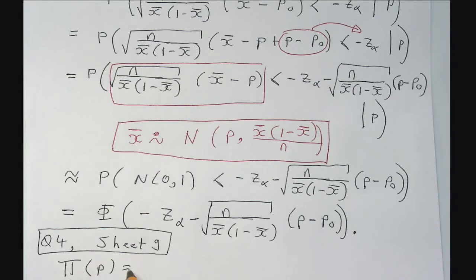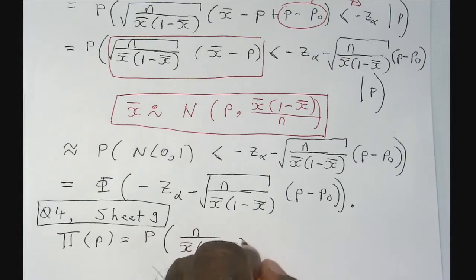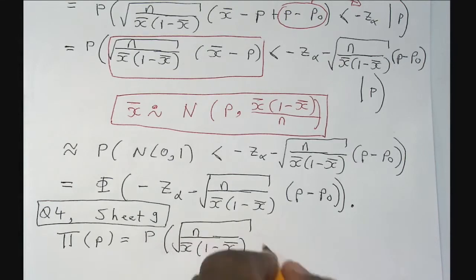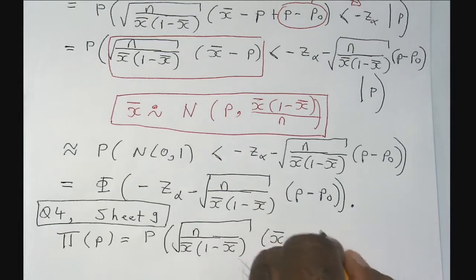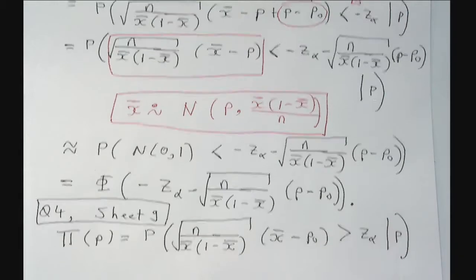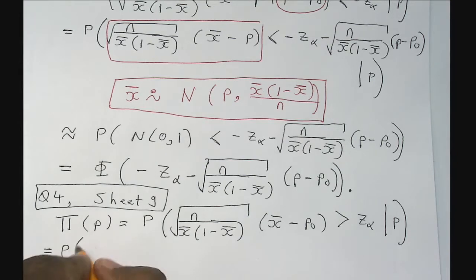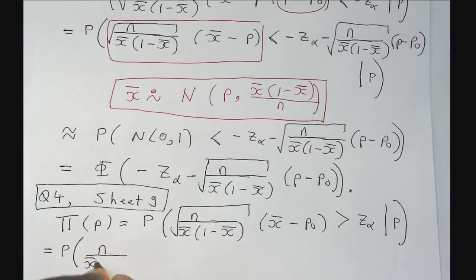So you have the probability that... Yeah, so this is the rule for rejecting for question 4, and once again you replace P0 by P because the true proportion is P, not P0.